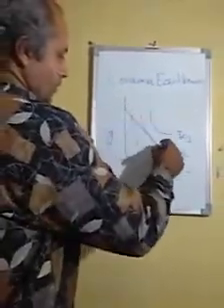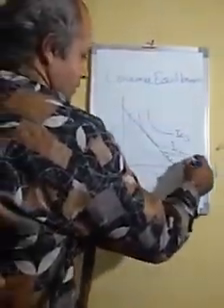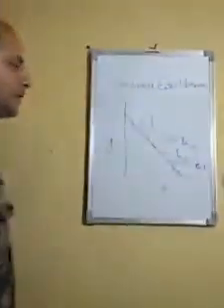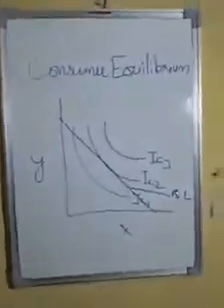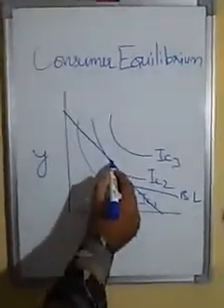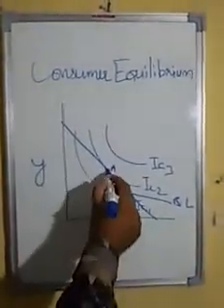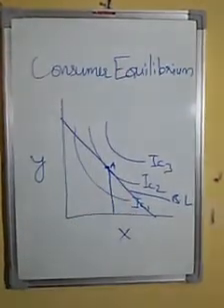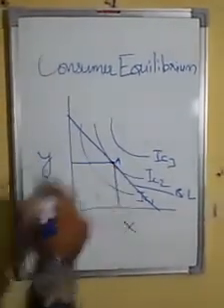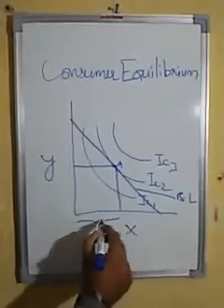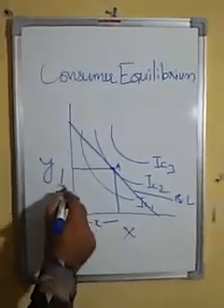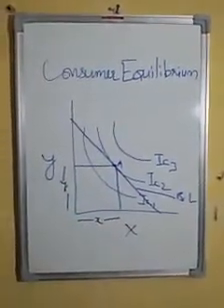Now I have drawn the budget line. The budget line is tangent at this point, which I have named A. One line I have drawn perpendicular to X and the other horizontal. So this much quantity of X and this much quantity of Y will be bought by the consumer.